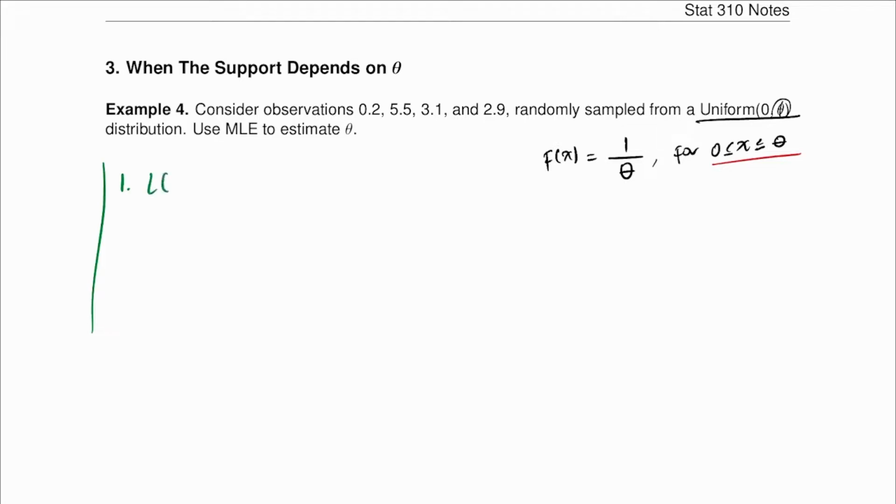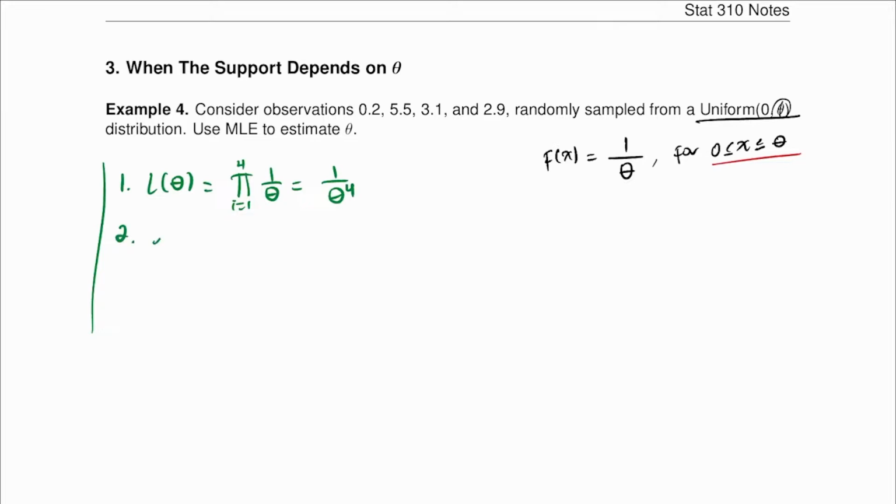If we calculate the likelihood function, that is the product of the PDFs from i equal to 1 until 4, that is 1 over theta times 1 over theta and so on, which is equal to 1 over theta to the 4.